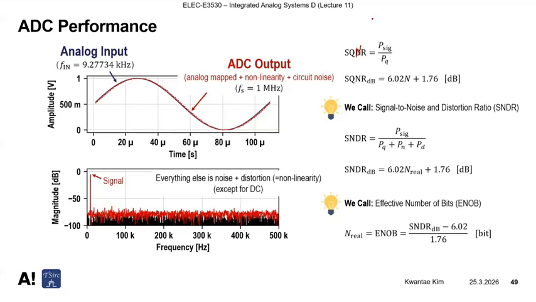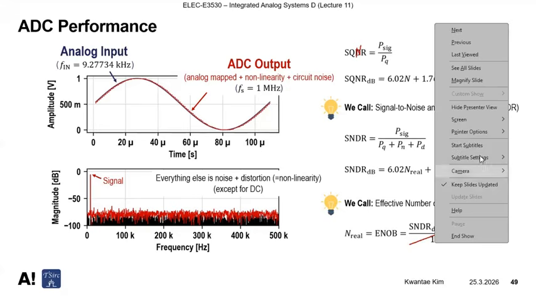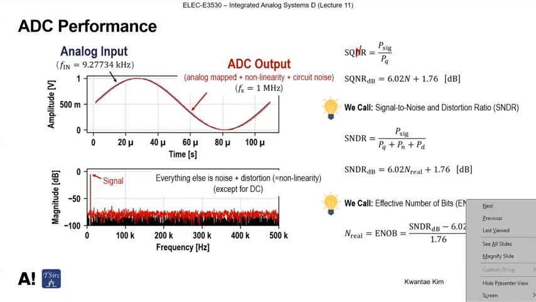Then there was also a mistake here. This one is 1.76, and this one is 6.02. So we call this N real the effective number of bits, ENOB in short.